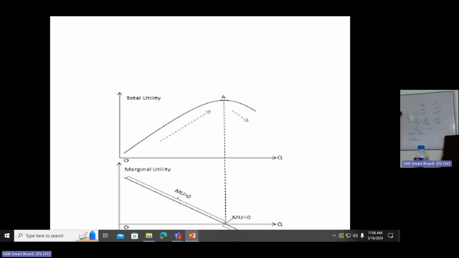It is zero. So this is the TU of x. This is the marginal utility, which comes to zero at the top level. At this point, this is the marginal utility of x.